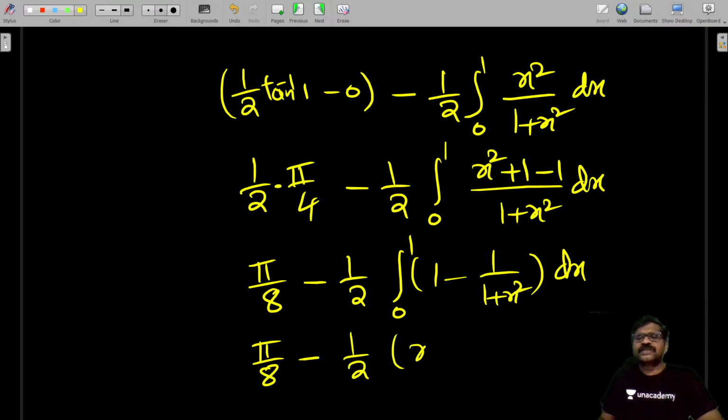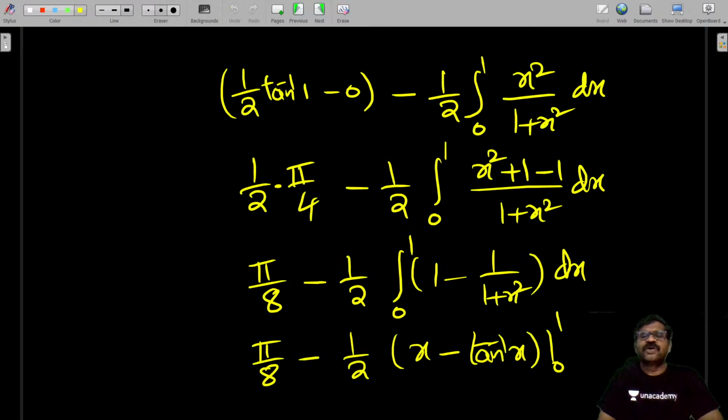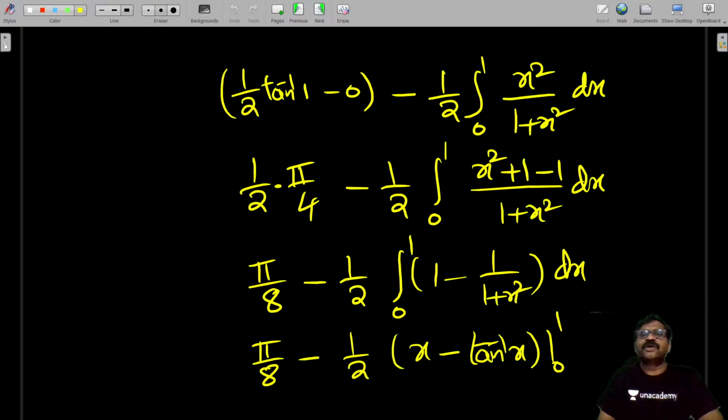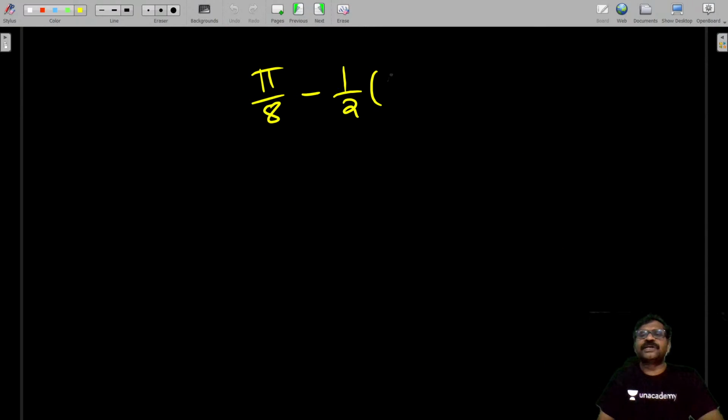Integral 1 dx is x. Integral 1 by 1 plus x square dx is tan inverse x, from 0 to 1. Continuation. Pi by 8 minus 1 by 2 into applying upper limit 1 minus tan inverse 1.